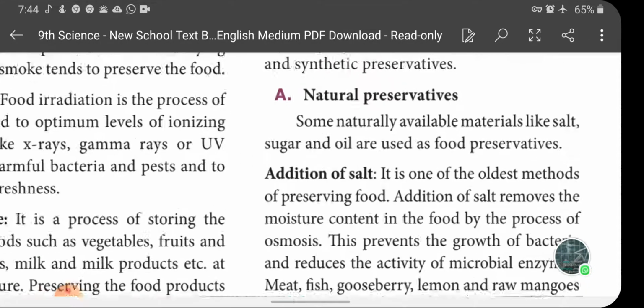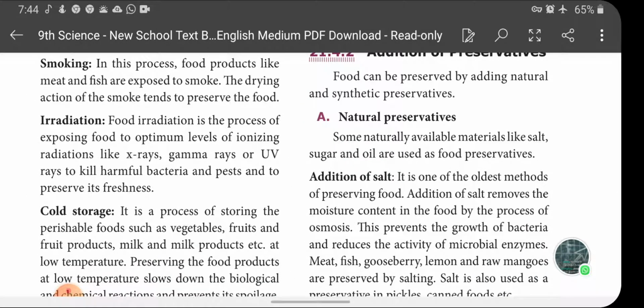About natural preservatives, some naturally available materials like salt, sugar and oil are used as food preservatives. List some of the natural preservatives which are used to preserve the food. Salt, sugar, oil are some of the natural preservatives which are used for preservation of food.